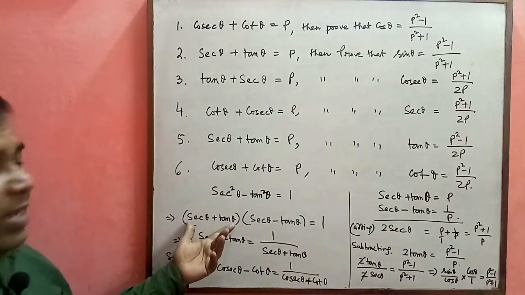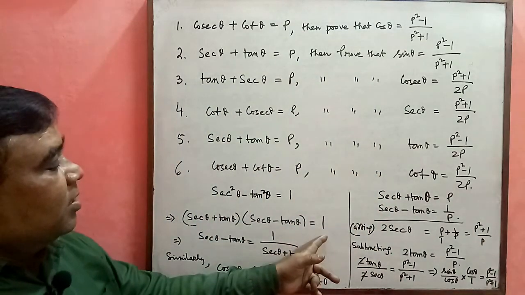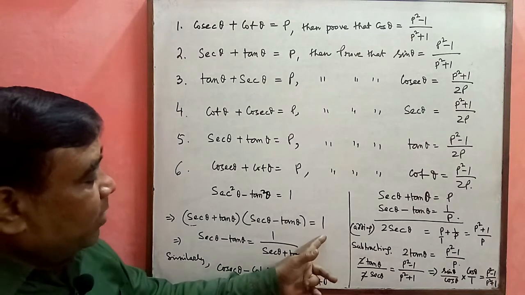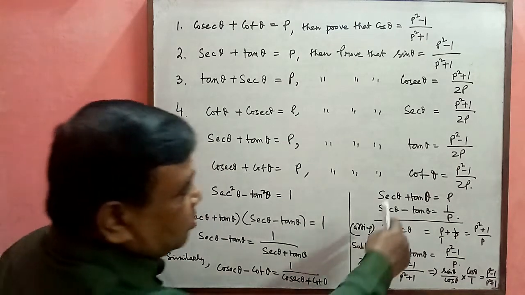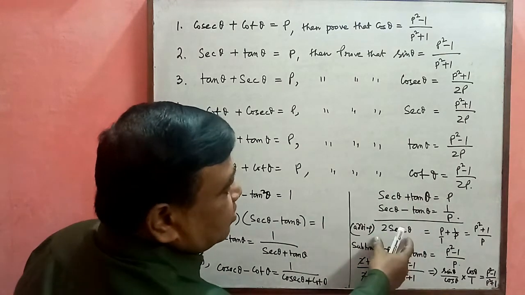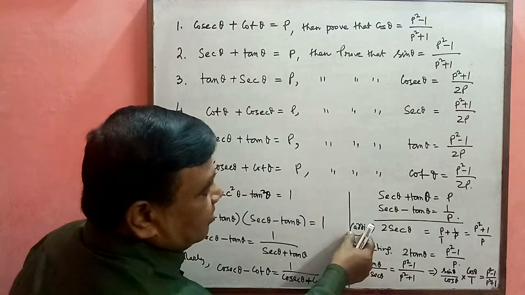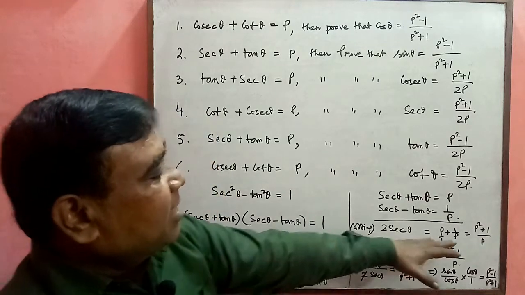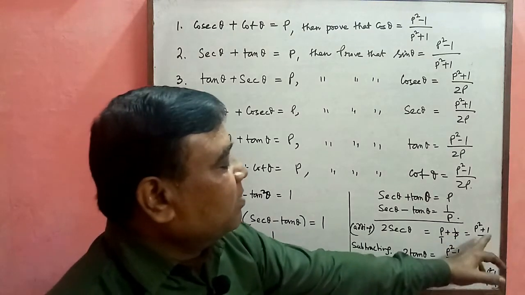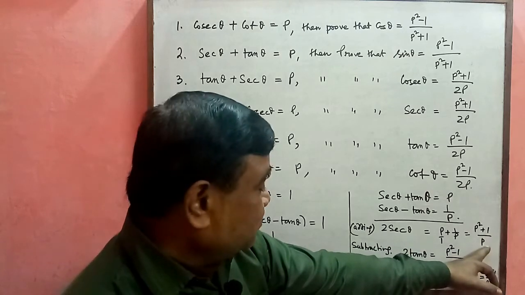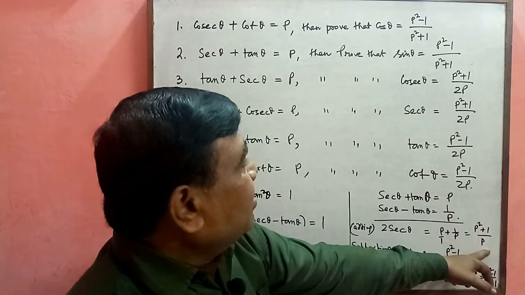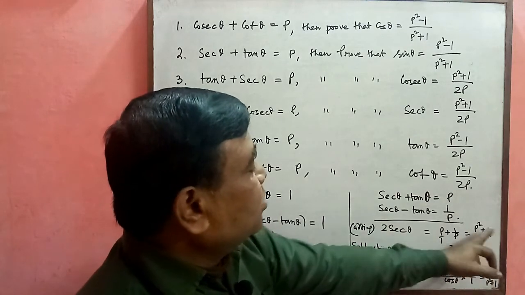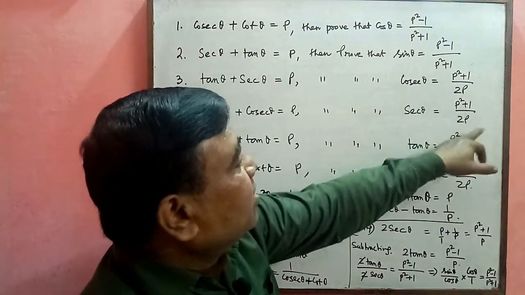Because if I put p here, this p will come at the denominator, and sec theta minus tan theta is equal to 1 upon p. Now take the sum of these two, adding, it will give you 2 sec theta is equal to p plus 1 upon p, that is giving me p square plus 1 upon p. So we are coming to this point, sec theta is equal to p square plus 1 upon 2p. This is proved.